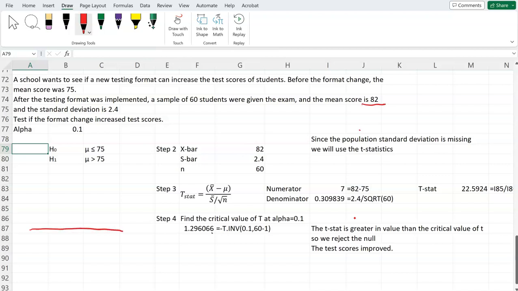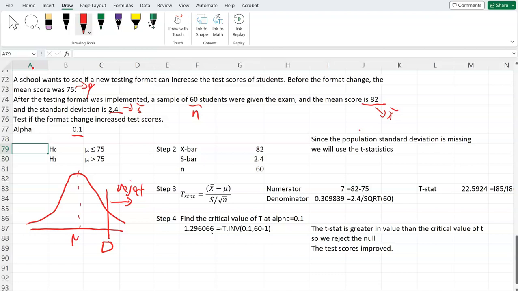So based on the null hypothesis, if this is my mean, any number greater than this value, this is the critical value. If my z-stat or t-stat falls in this region, then I reject the null. So that's the rejection region. So we have this is my mu, this is my n, and this is the x bar that we have. And I have an s here, and I'm testing it at alpha equals 0.1.